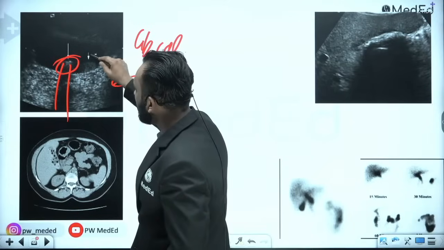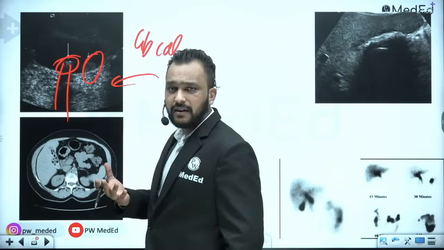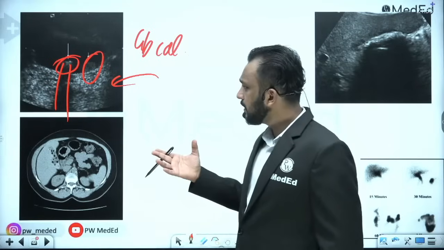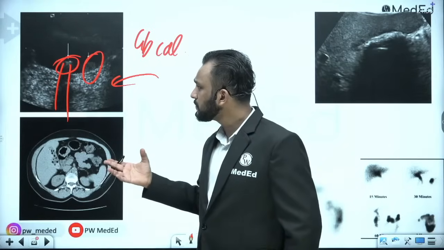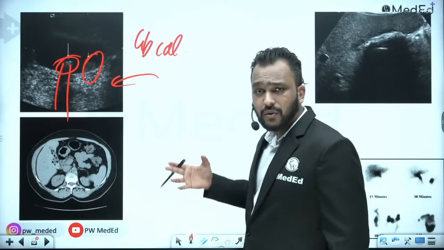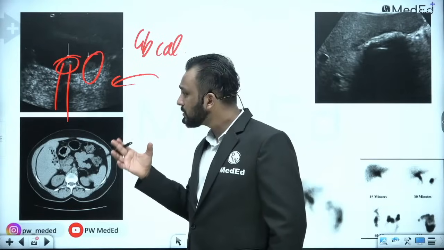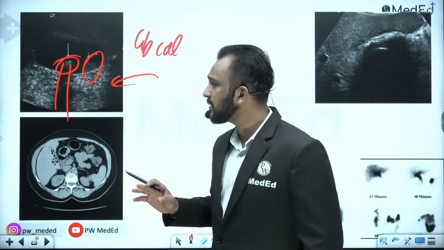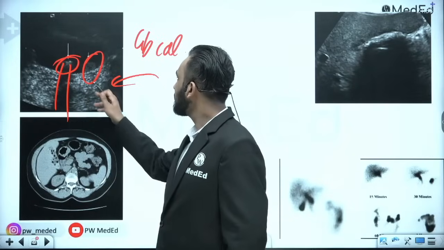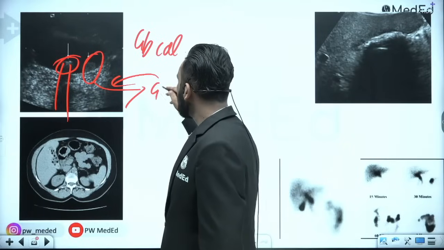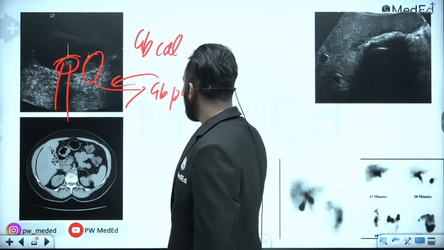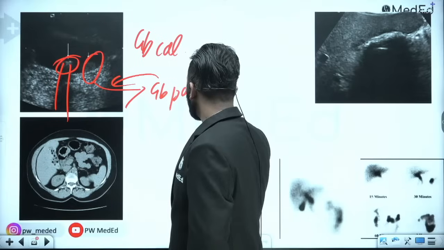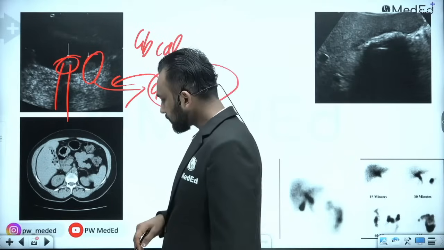When you see another lesion similar to a gallbladder stone, but that lesion is not showing enhancement and is not showing shadowing, this is seen in a case of GB polyp, gallbladder polyp, right?